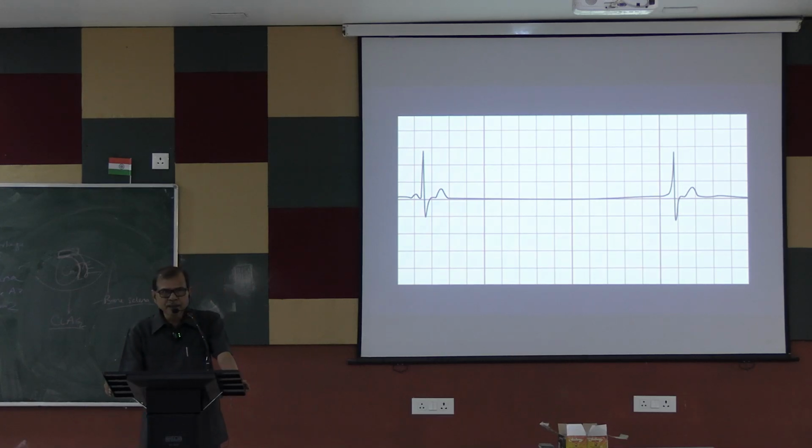Repeating the components of sinus node dysfunction: sinus arrest, sinus exit block, type 1, type 2, 2A that is Wenckebach, 2B that is Mobitz, type 3 that is complete, then tachy-brady syndrome, then chronotropic incompetence.